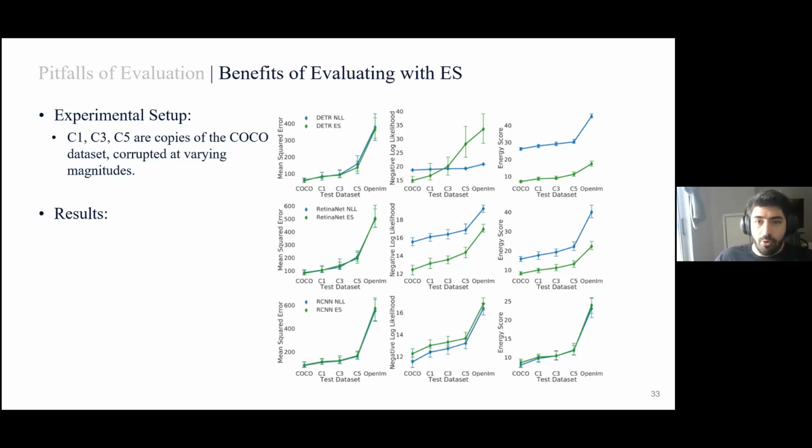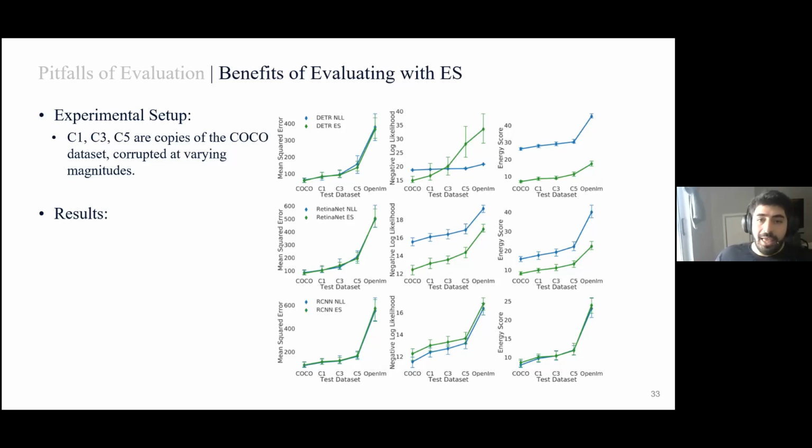We showed this before, right? The negative log likelihood prefers distributions that assign probability exactly at the ground truth target. So when your distribution has very low probability at the ground truth target, it will have a very high negative log likelihood. But this might cause misleading conclusions.